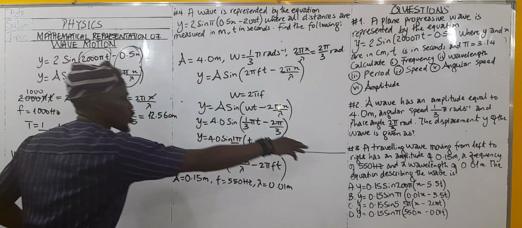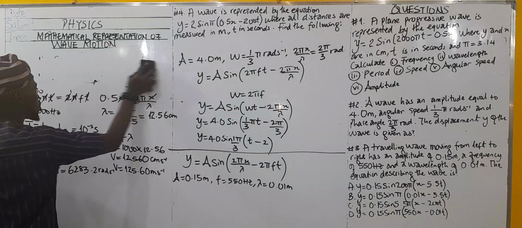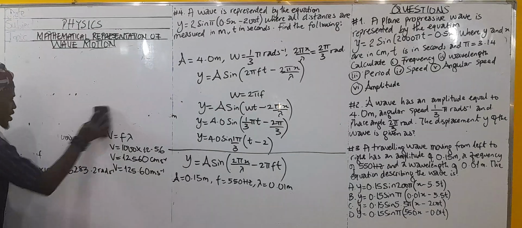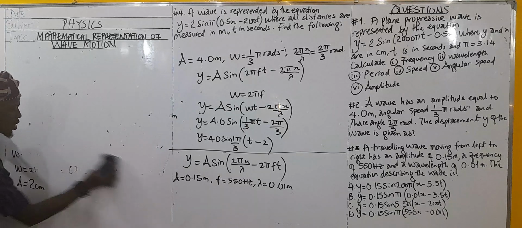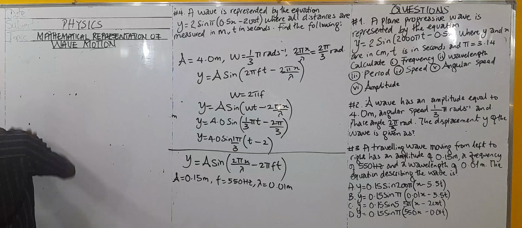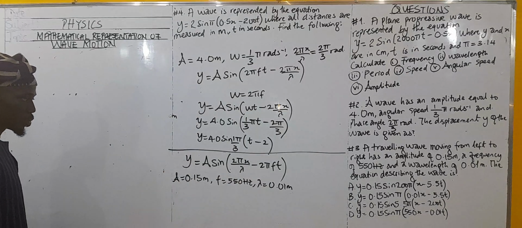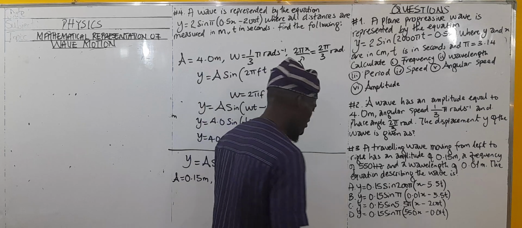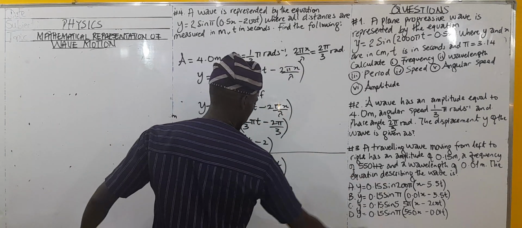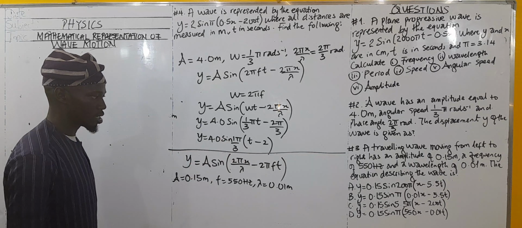The equation describing this wave is... now that is an objective question, and the reason why I brought that is because if I use what we know to solve this question, you discover that what I'll be having here will not look like this. Are you with me?